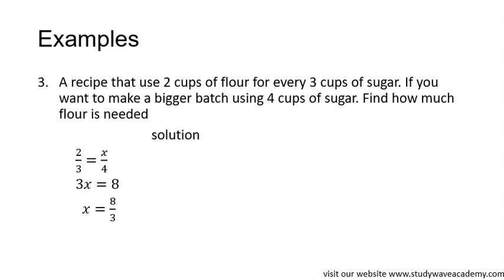Let's look at another example. A recipe that uses 2 cups of flour for every 3 cups of sugar. If you want to make a bigger batch using 4 cups of sugar, find how much flour is needed. So a recipe uses 2 cups of flour, for every 3 cups of sugar.